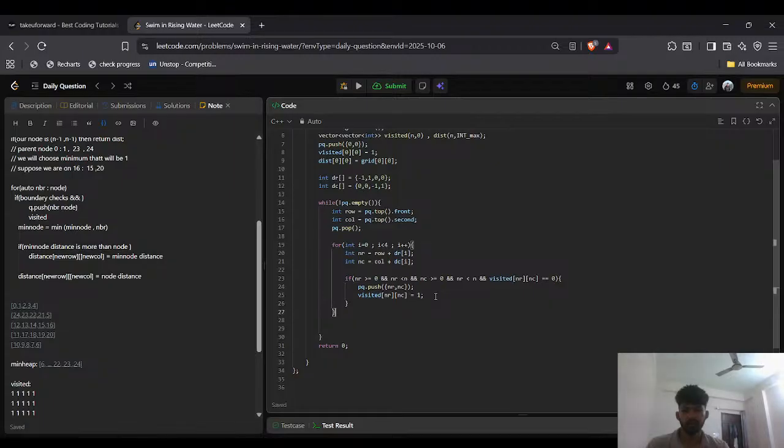Now this thing is okay. Now we need to find the min node.